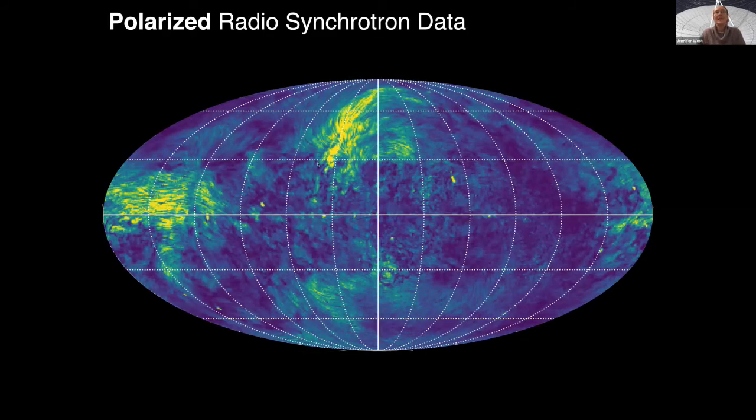And suddenly most of the map disappears, and all we're left with are these two bright objects in the sky, the North Polar Spur and the fan region. This is a fairly new map.